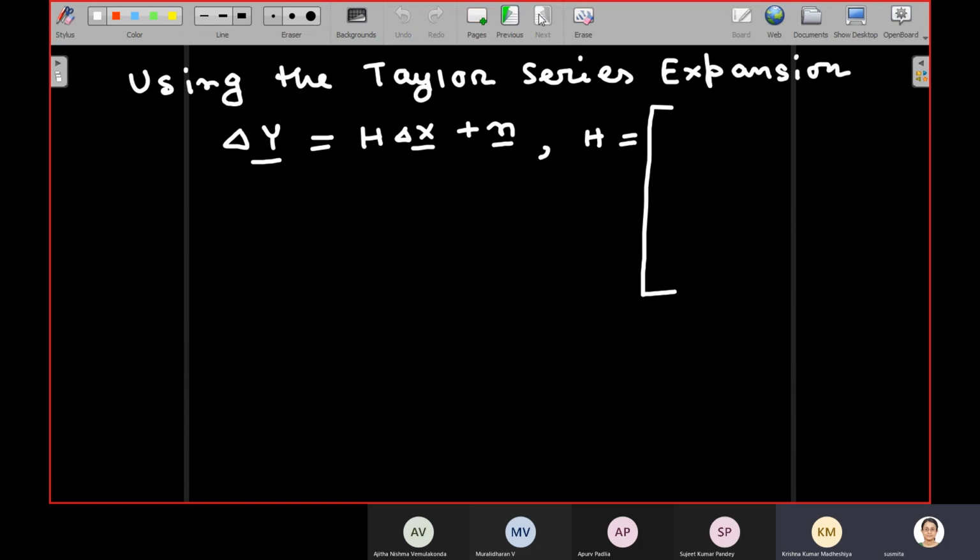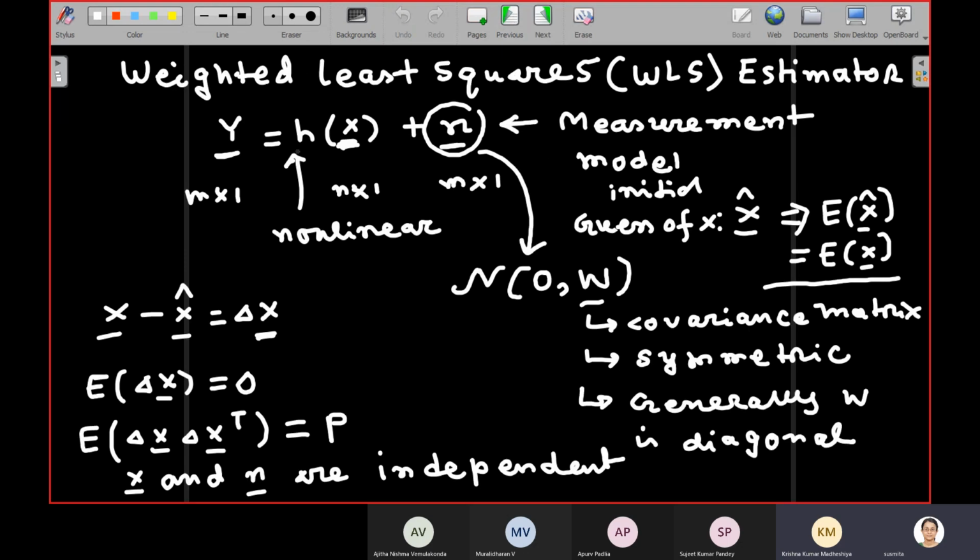In H we actually have a set of functions h1, h2 up to hm. So we have m functions. So let's put a bar here also.